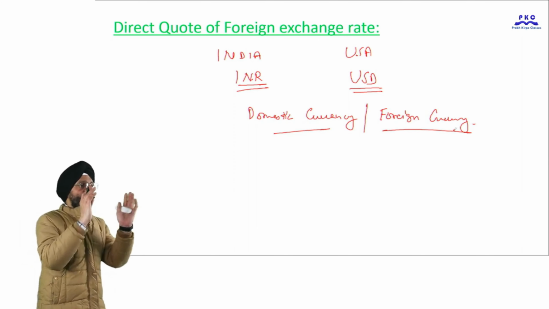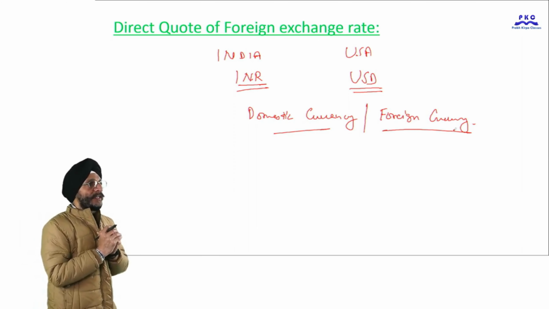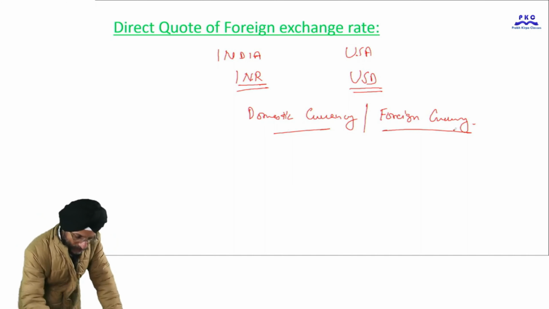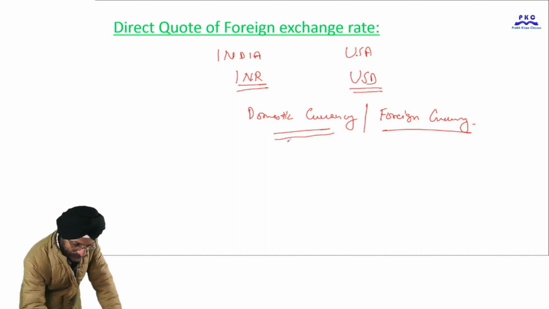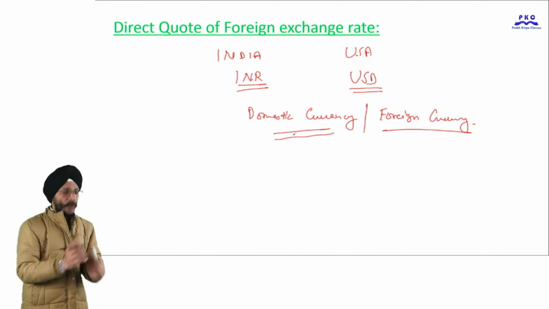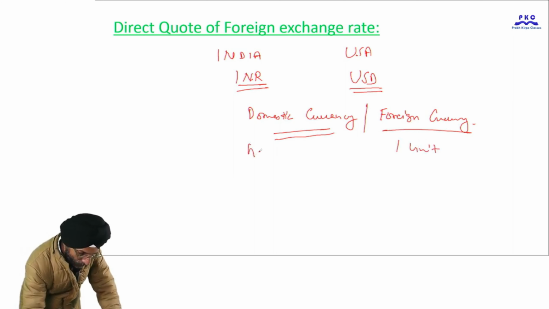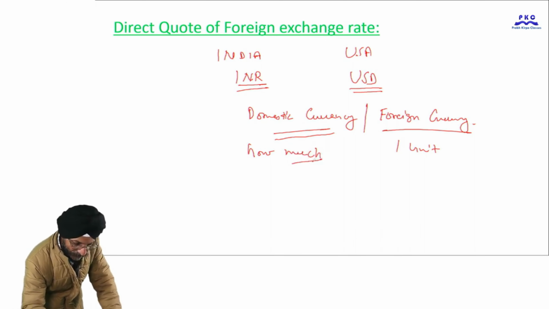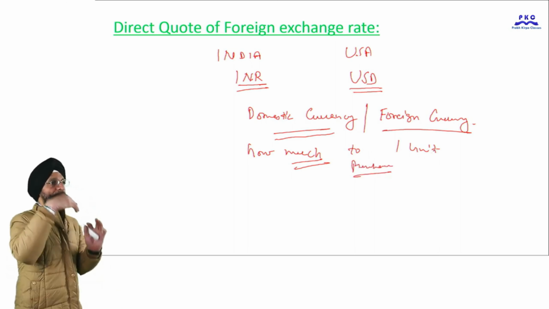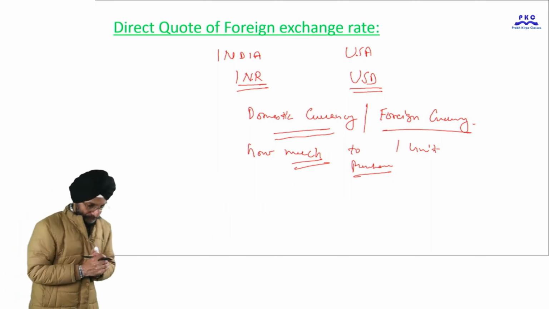When we are giving the direct quote, it means how much of domestic currency is required to purchase 1 unit of foreign currency.